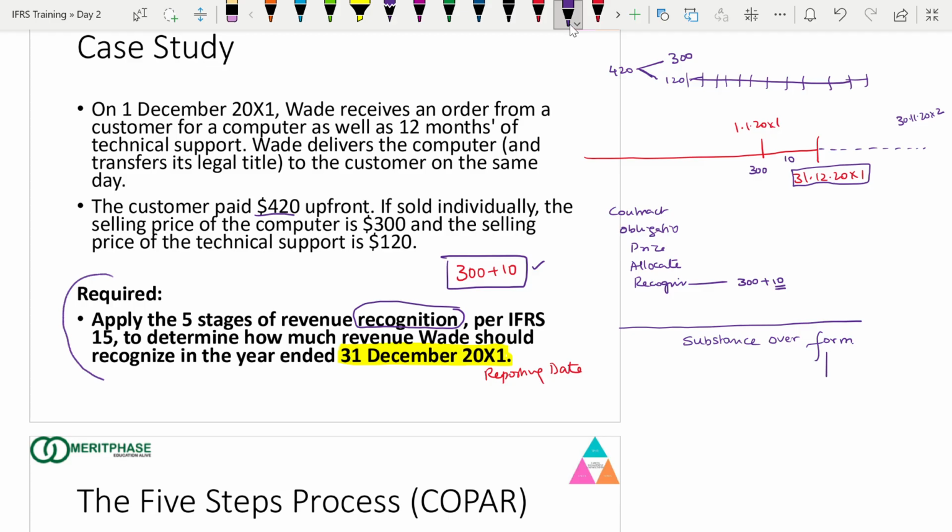It is similar: physically you are possessing the goods, that is the substance. The form is whether you are paying or not, in terms of not having a legal title. Legal title will be transferred at the end of the period, as you said.